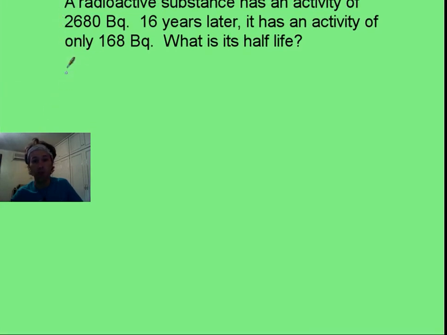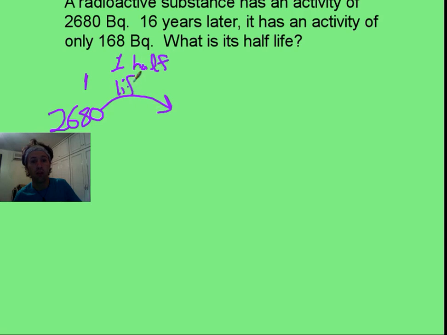So what you can do is say that if it starts at 2680, when it goes through one half-life, it's going to be cut in half, and you're going to end up with 1340 becquerels.